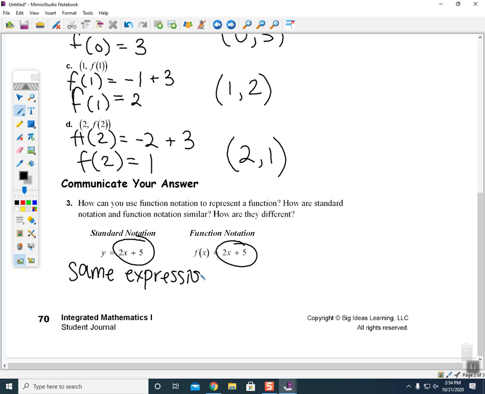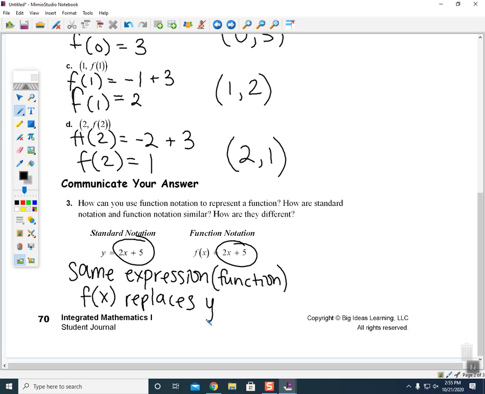My function is the same in both. What I notice is different is that my f of x replaces the y. That's the second thing that's pretty obvious that I notice. My y becomes an f of x.